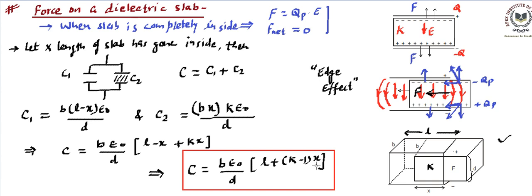If we place X equal to L, then we'll find the capacitance when it gets completely filled. So for different values of X, we can find out what the capacitance is going to be. Now we have capacitance as a function of X, that is the length up to which the dielectric has gone in.